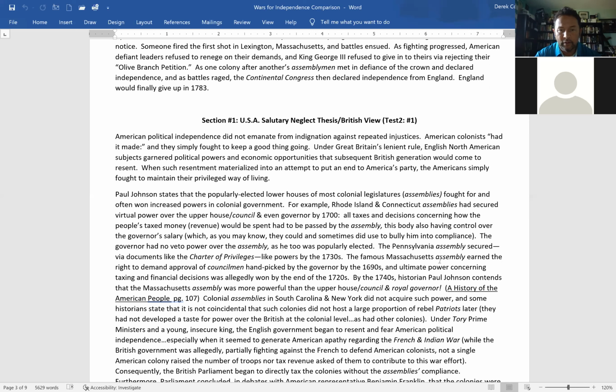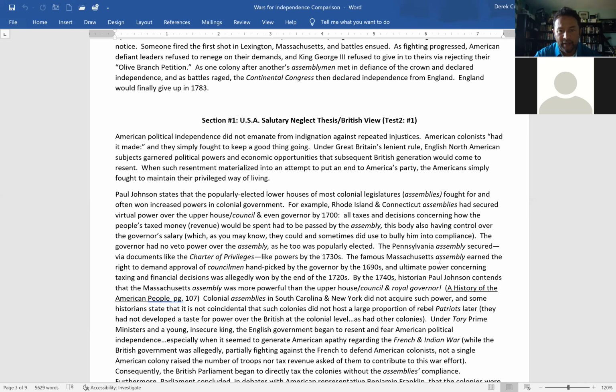Oftentimes they were elected into office time in and time out, and kind of represented a class in and of themselves that considered itself superior to the average common American farmer or artisan or skilled worker, etc. So at any rate, the assemblies began garnering powers for themselves that were never intended by Mother England.